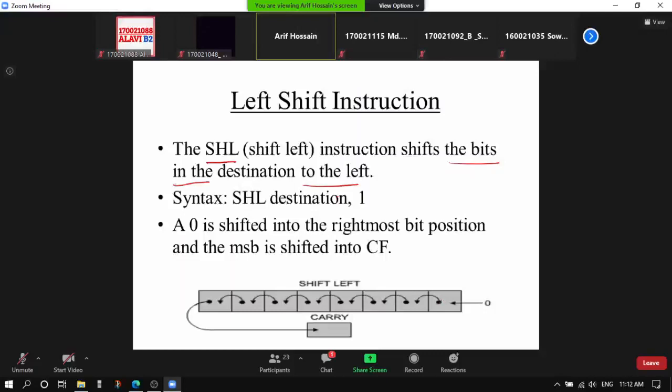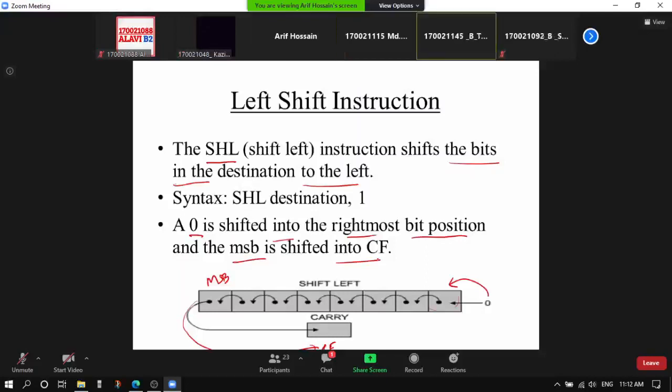See the figure: if all the bits are shifted to the left, your LSB becomes empty. So a 0 comes into the LSB, and whatever bit was there in the MSB goes to the carry flag. So 0 is shifted into the rightmost bit position and the MSB is shifted into the carry flag. Is it understood? Shift left instruction.